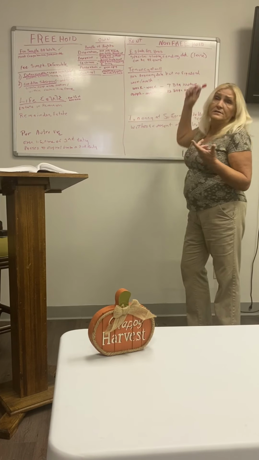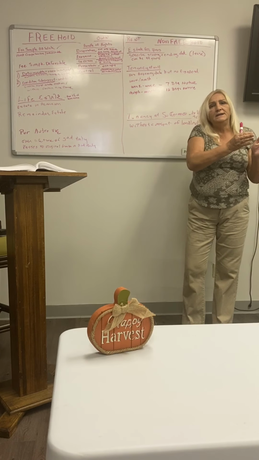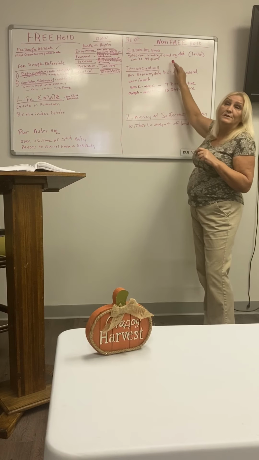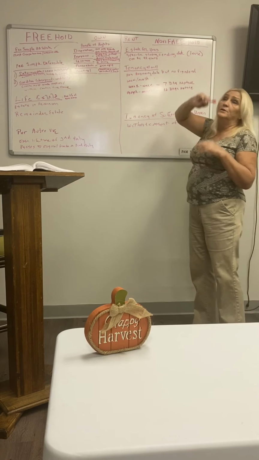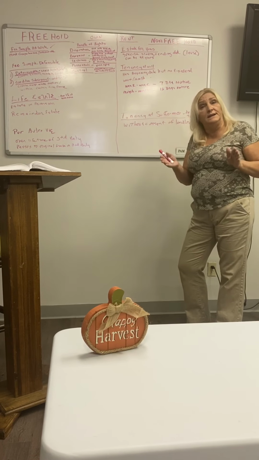It could go as long as 99 years, but it has a beginning start date and an end date. And that's what you need to know about your estate for years, okay? Lease agreement could be up to 99 years, but it has to have a beginning date and an end date.